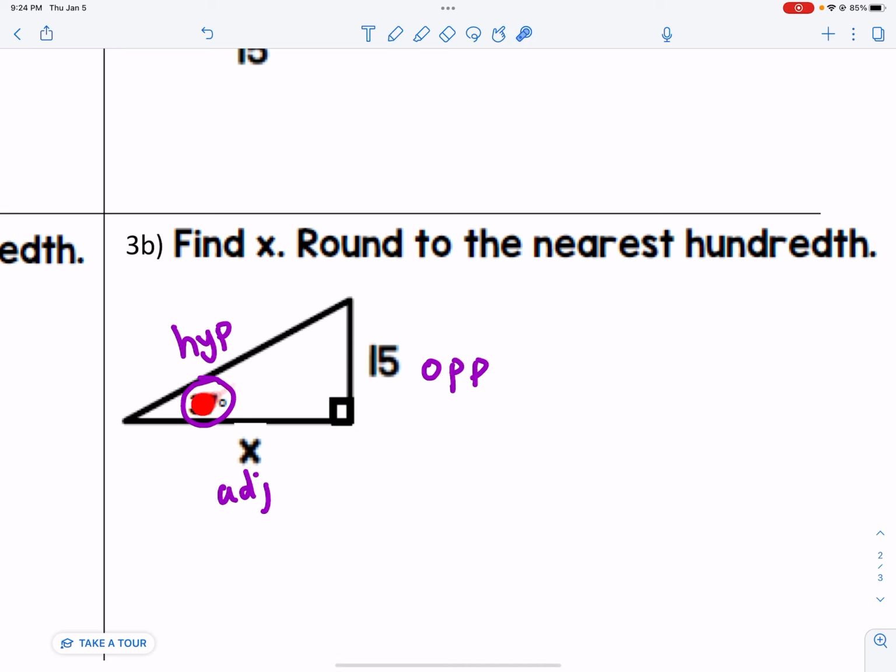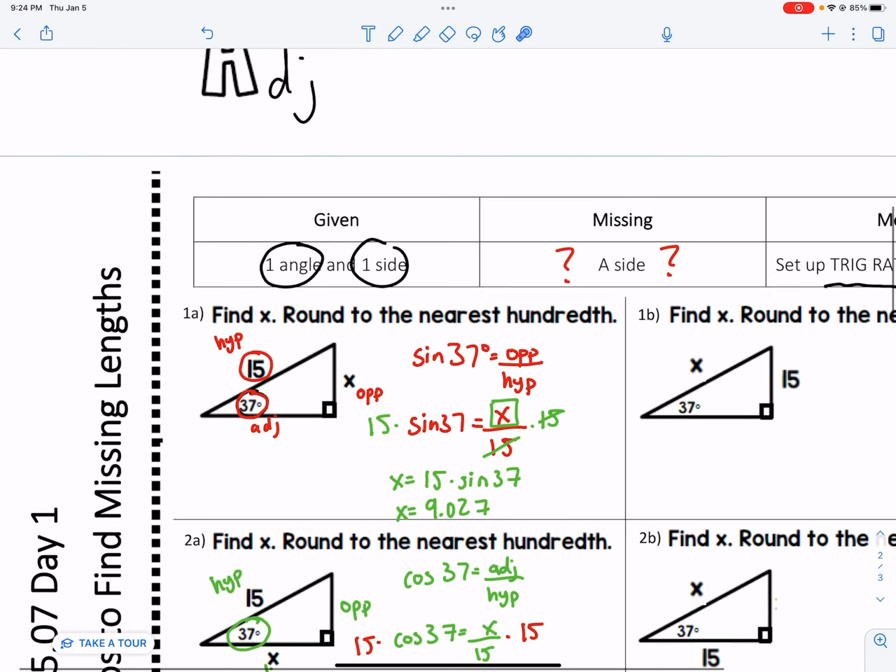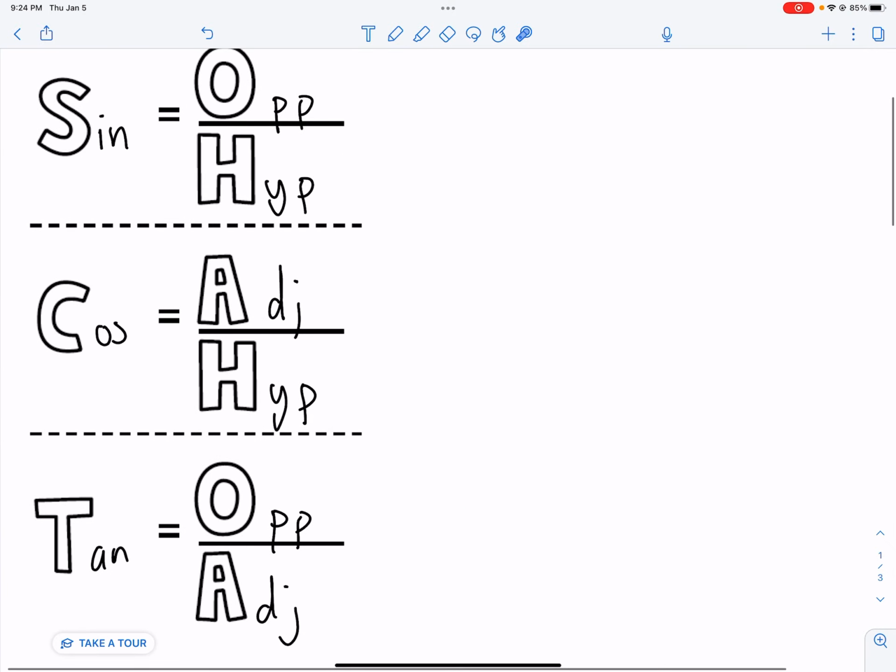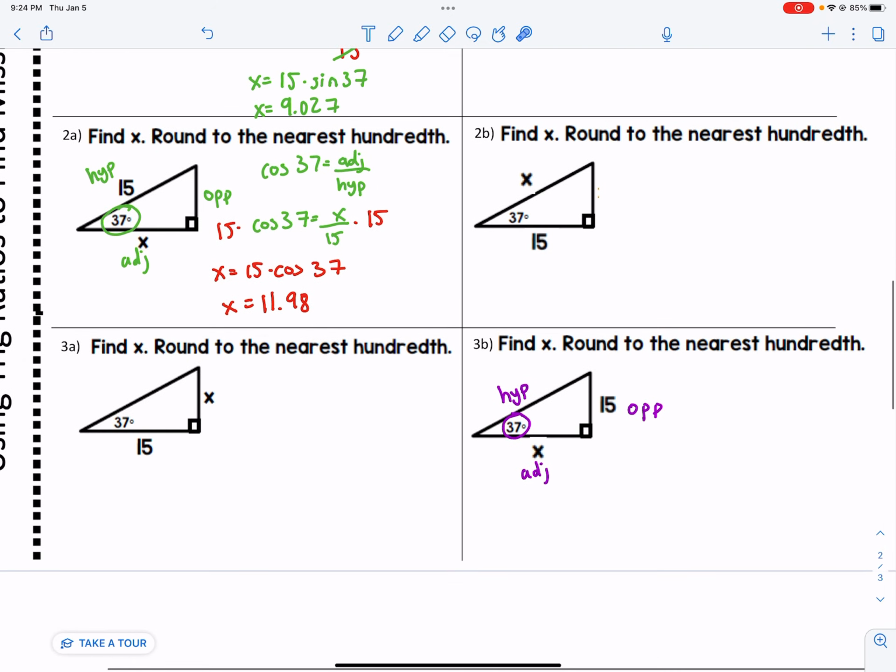This one's different because we have our 37 right here, and we know our opposite, but we don't know our adjacent. So we do need to set it up so that adjacent and opposite are connected. Which of the three trig ratios will connect opposite with adjacent? Sine, cosine, or tangent? That's correct. It will be tangent.